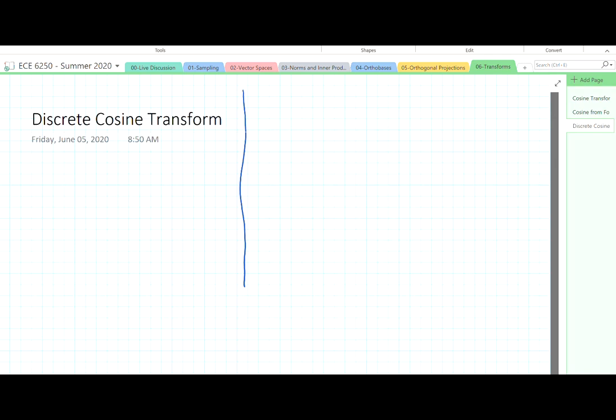And so in the family of Fourier transforms, we have different situations in which we might find ourselves.